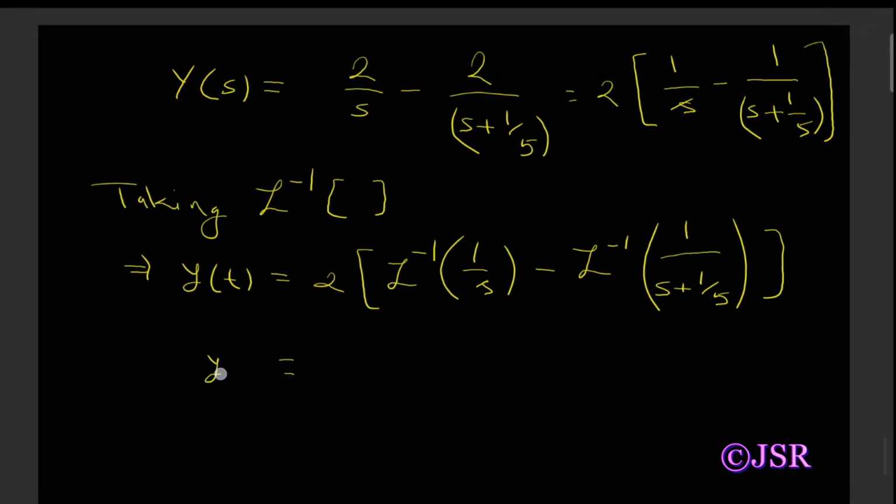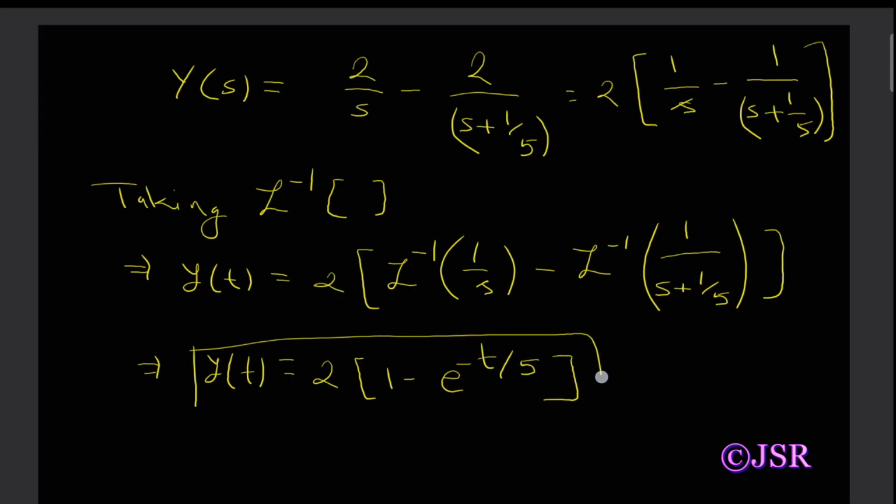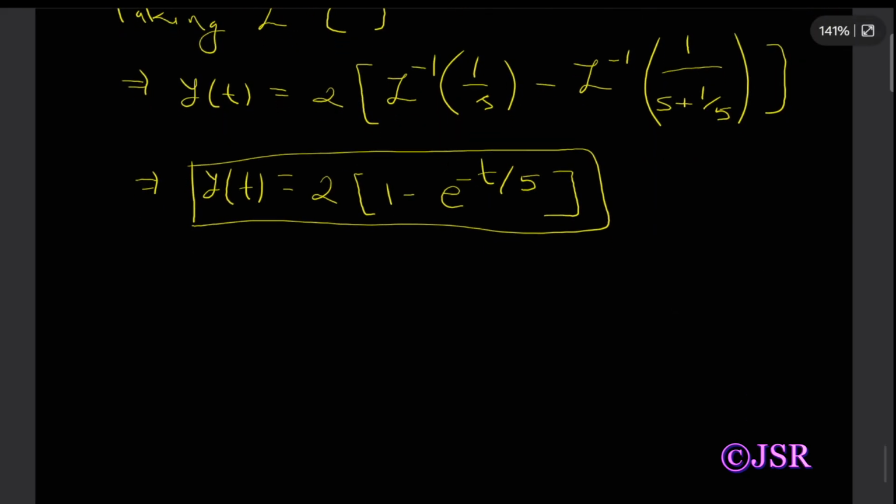So finally small y of t will be equal to 2 times 1 minus e to the power minus t upon 5. So this is the final response for the step input for a first order system.